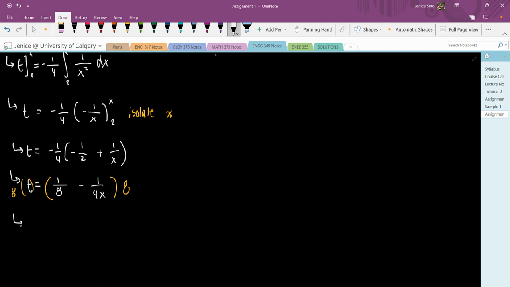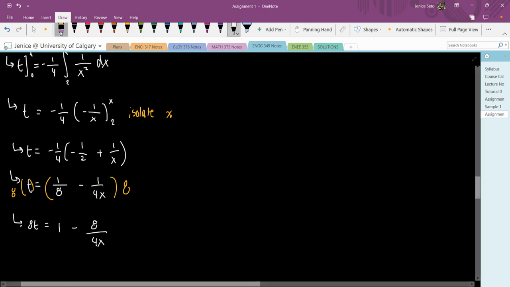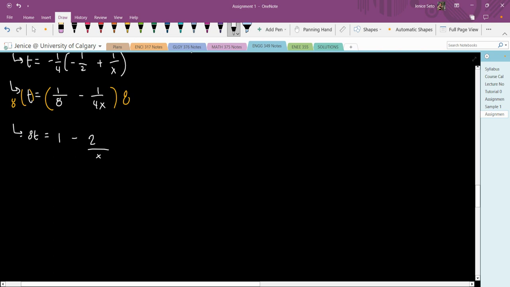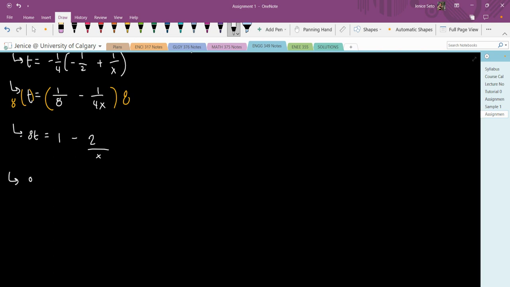So that's going to give us 8t equals, that's just going to be 1 now, minus 8 over 4x, which we can rewrite as 2 over x. Okay, and let's move this over, so 8t minus 1 equals negative 2 over x.